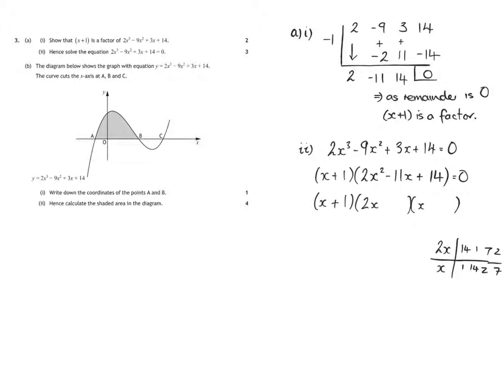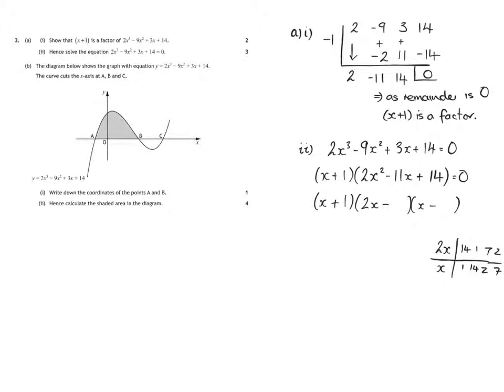So if we do this, because we have a plus at the end here but a negative in the middle, that means they're both going to have to be negatives. So we're going to have a negative in here and a negative there.